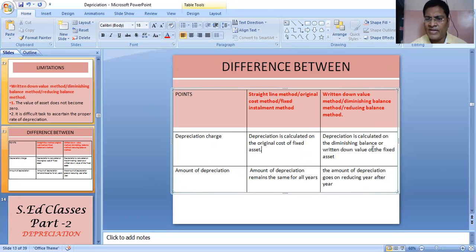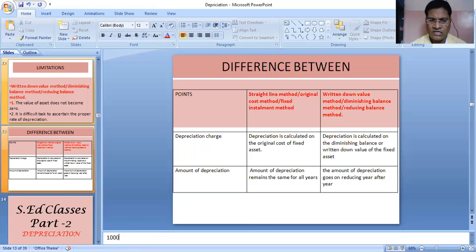In the diminishing balance method, depreciation is calculated on the diminishing value. So the first year it will remain the same: 10,000 is the value of the asset, 10% is the depreciation, then 1,000. Next year the value becomes 10,000 minus the depreciation of 1,000. That means the value of the asset is 9,000. On that you charge again 10% depreciation, which gives 900.